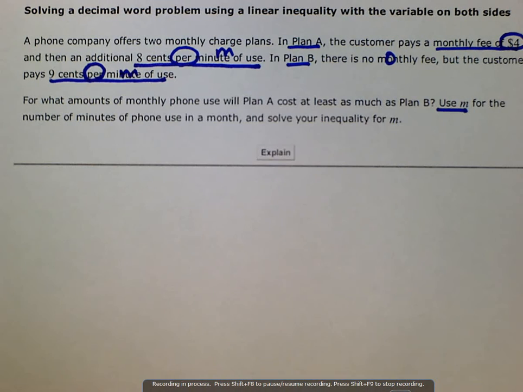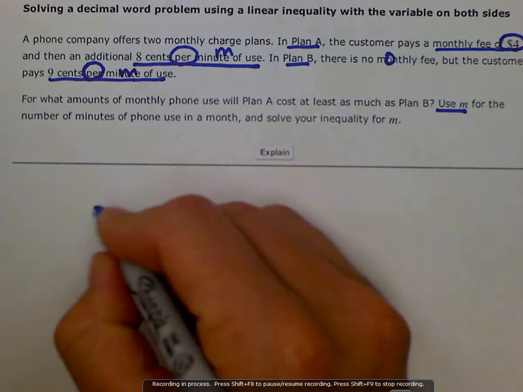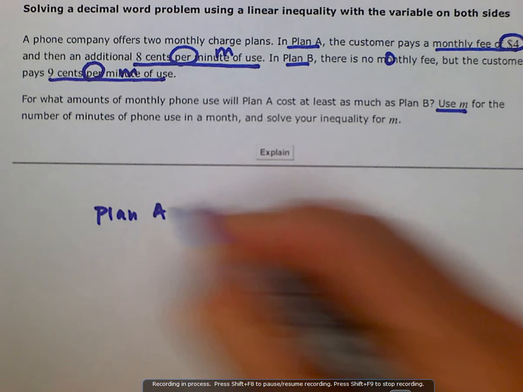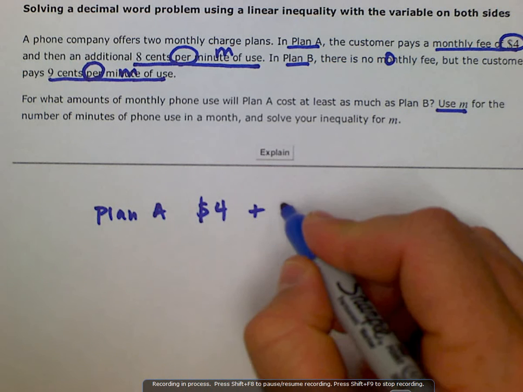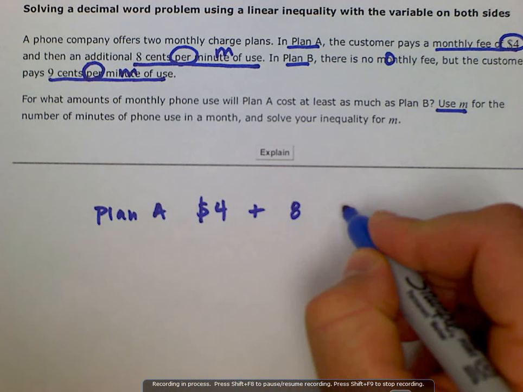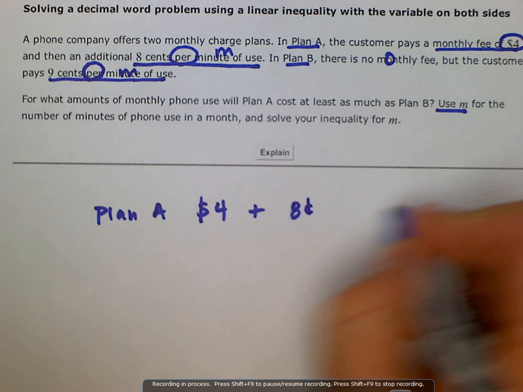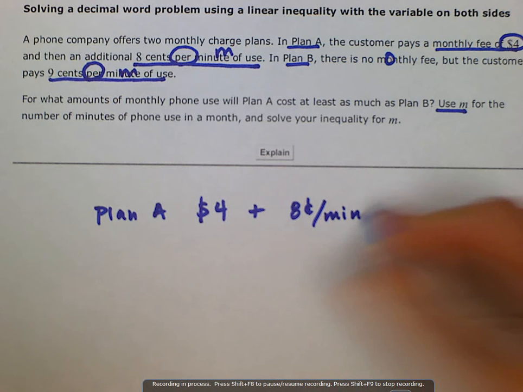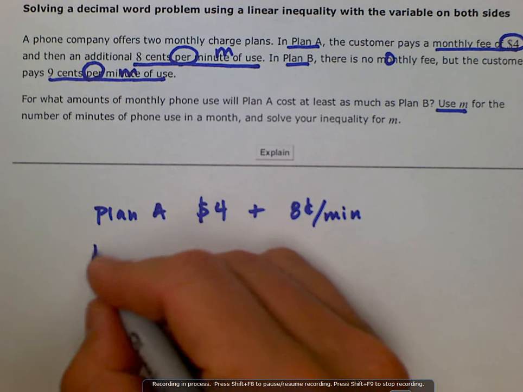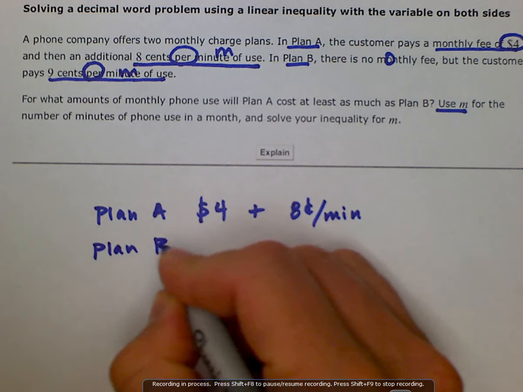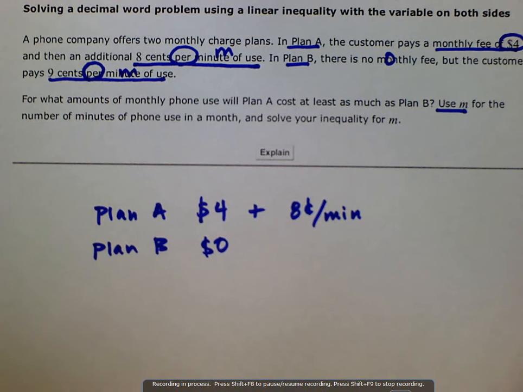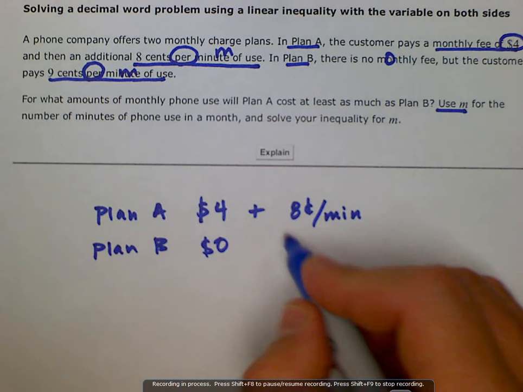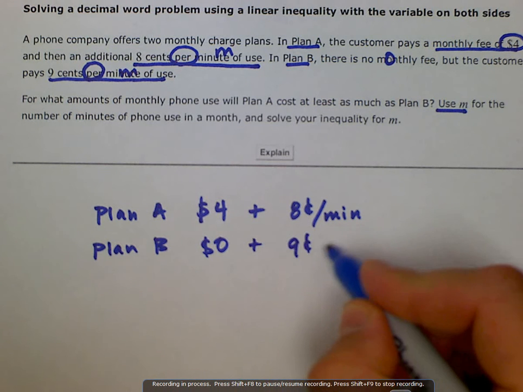So let's look at Plan A. We have Plan A, $4 plus 8 cents per minute of use. And then Plan B is $0 for the fixed rate or the monthly fee, but the customer pays 9 cents per minute.